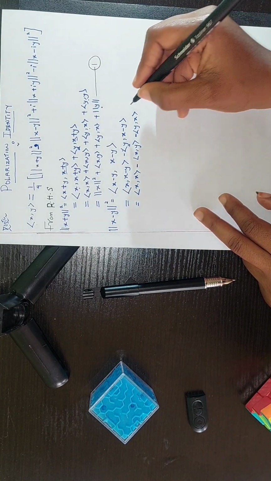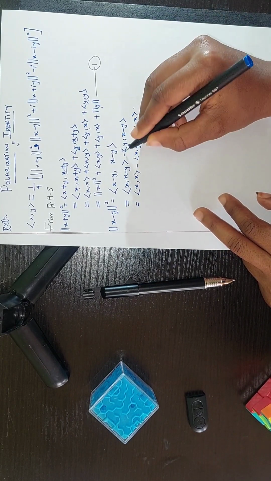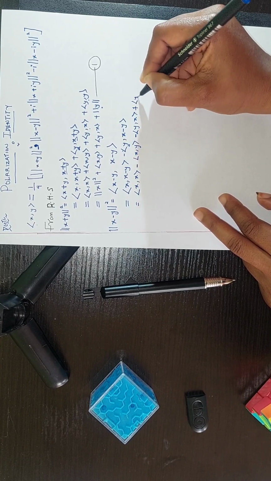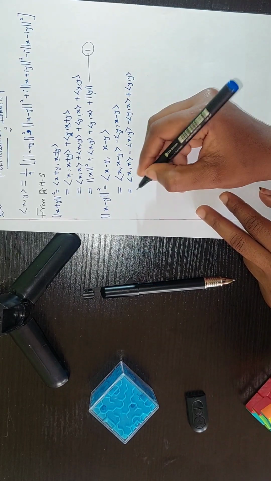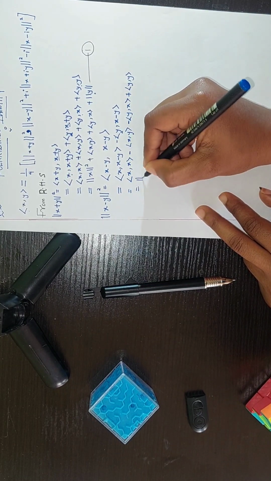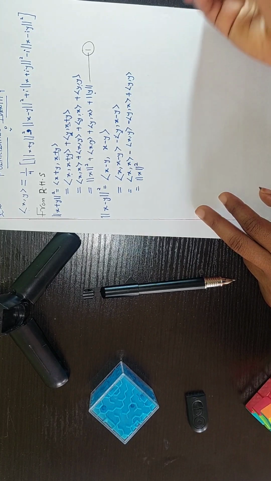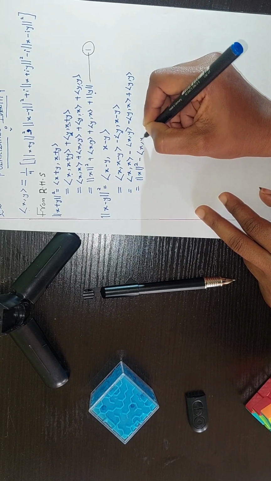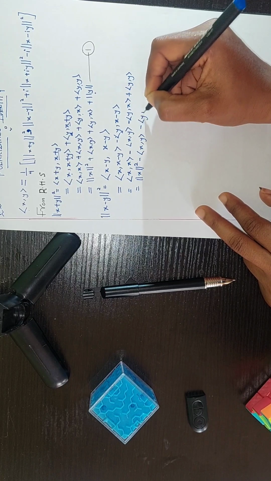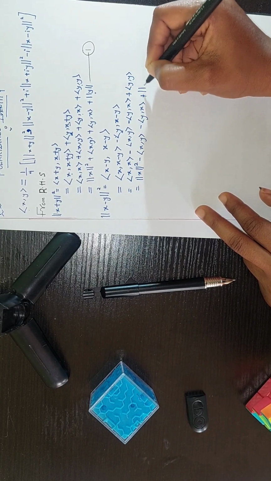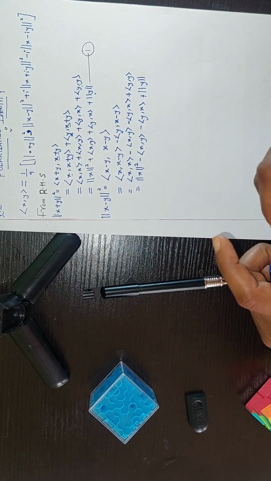Then minus times minus turns to a plus, so here I have y comma y. This is the same thing as the norm squared of x, minus x comma y, minus y comma x, plus the norm squared of y.